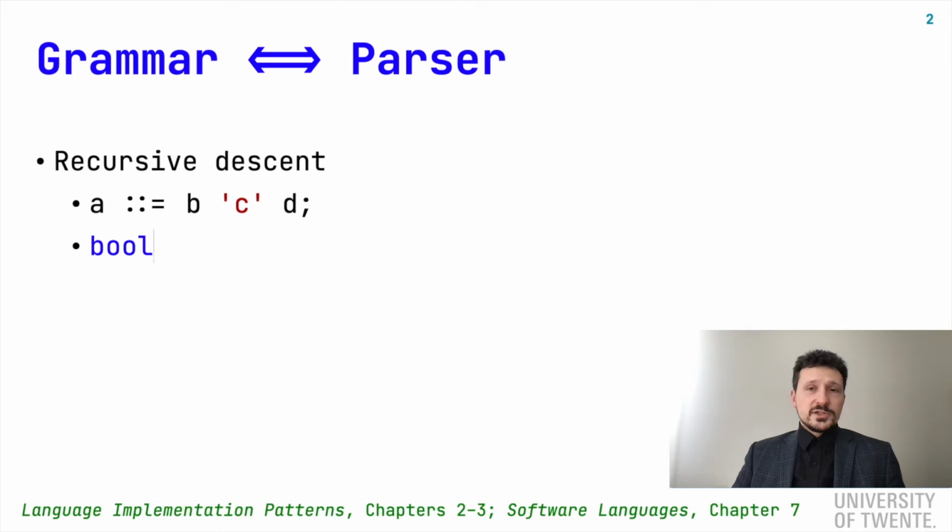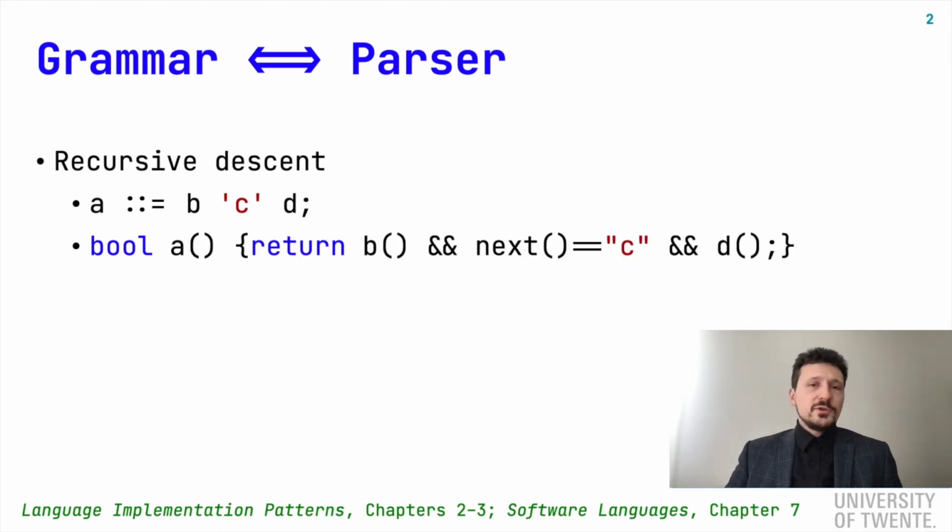And this is called recursive descent. If you've ever had anything resembling a compiler course, you've probably heard of recursive descent. And it works like this. If you have a production rule in your grammar that says A is B C D, and C is a terminal, so it's literally that, and B, D, and A are non-terminals, then this literally is transformed into a function. Well, in this case, I'm doing a recognition function, right? So it's not a parser yet, but a recognizer of whether this is correct grammatical input.